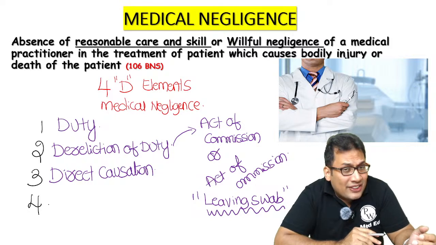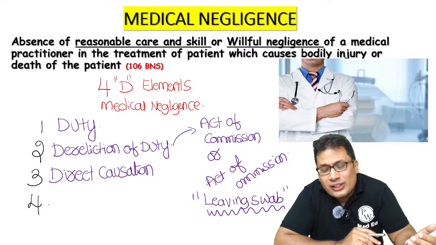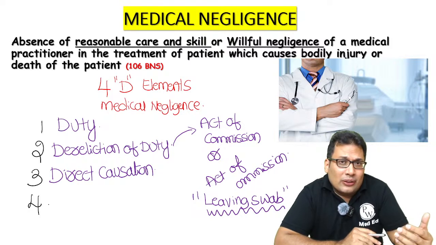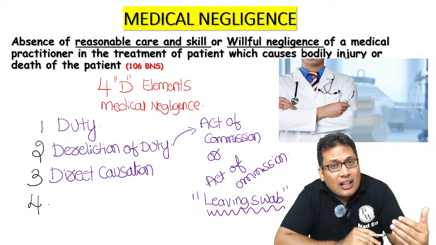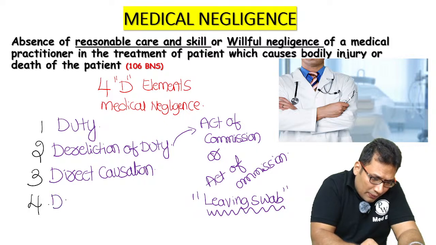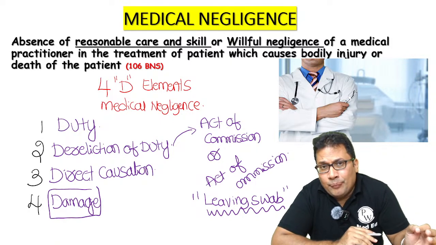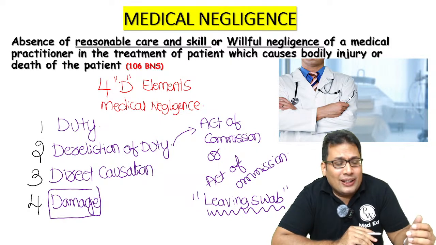That can lead to septicemia, perforation and death of the patient. So direct causation: because of the act of the doctor, there was an injury or death of the patient. Lastly, there is damage. Damage can be death of the patient or some bodily injury.